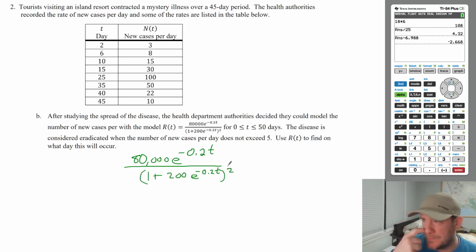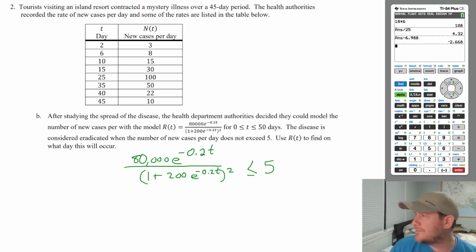And what we want is to make sure this is not greater than 5. So the moment that this is less than or equal to 5, whatever value of t causes that to happen is the answer. And no, I don't think we want to try to solve this by hand. Even just taking this thing and squaring it already seems like a pain.